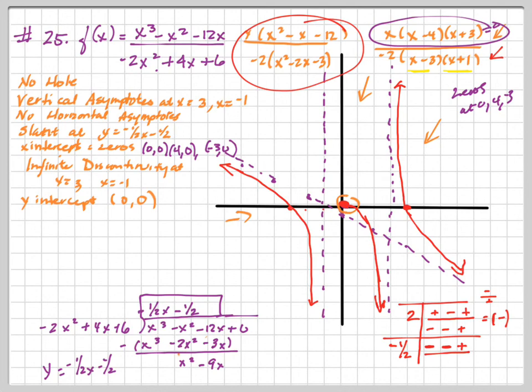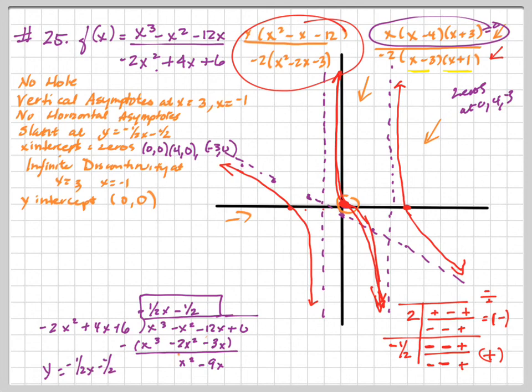Negative for the negative 2, and then negative for the x minus 3. And then positive. So you would get a positive altogether. So that means this one hugs this. So there's my sketch. Now all I have to do is end behavior.